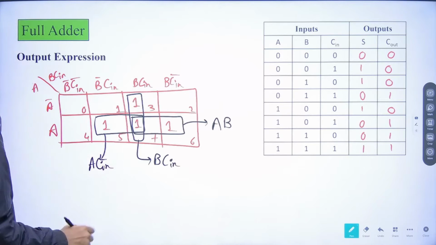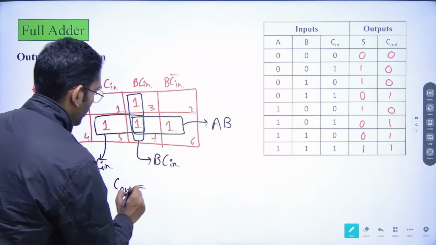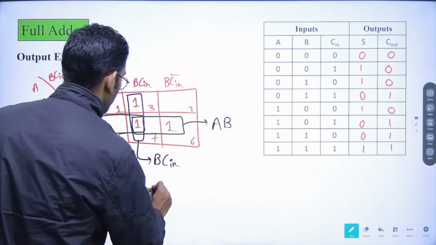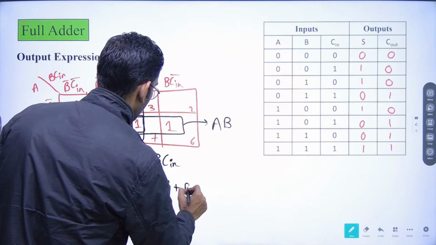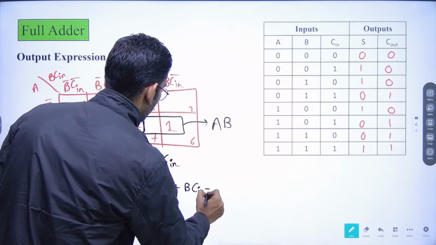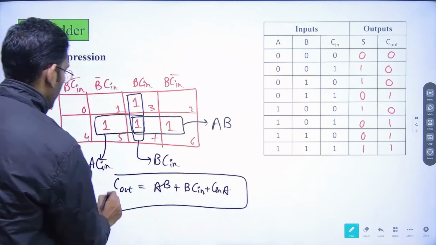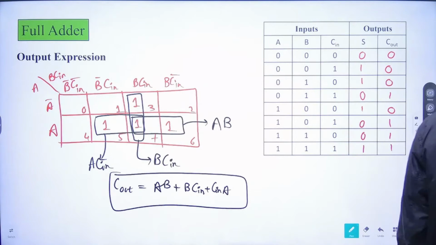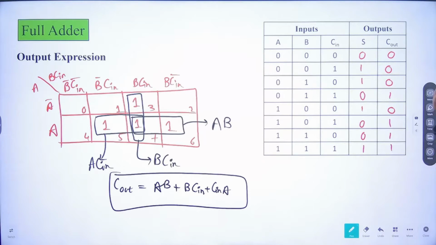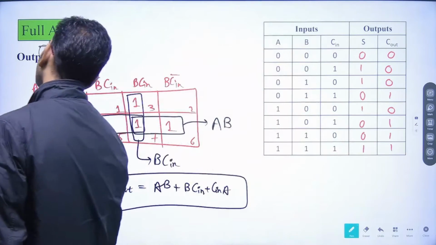So the final output expression of C out would be AB plus BC in plus C in A. So this would be the final output expression of the full adder: AB plus BC in plus AC in.